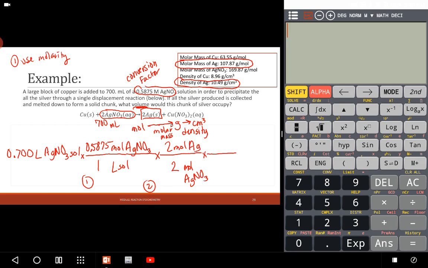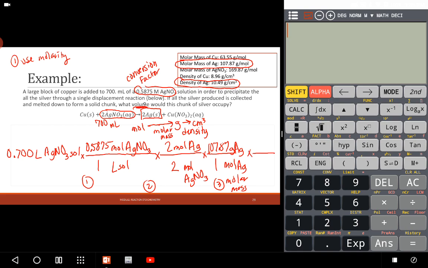And then I need to get out of moles. First I'm going to get into grams of silver, canceling out my moles of silver. This is going to be my molar mass, and that's going to be 107.87 grams per 1 mole.